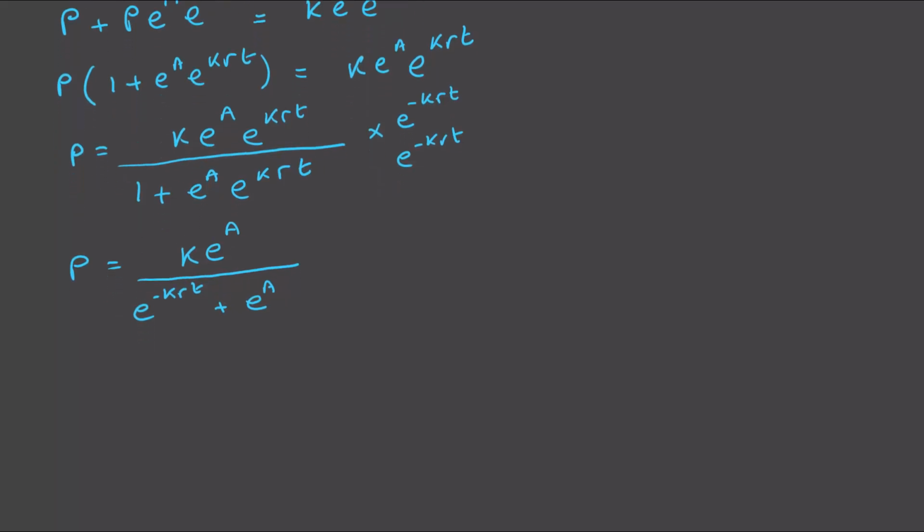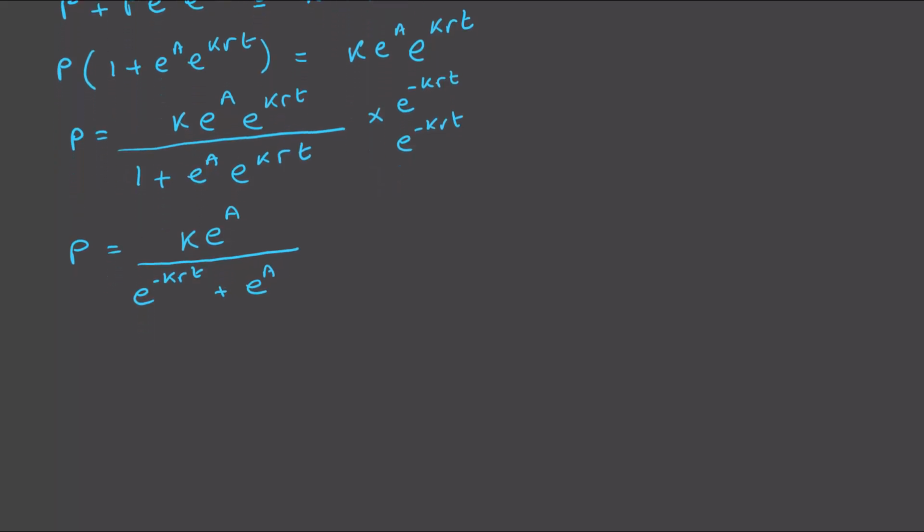Now let's take into account the e to the a. We said that was p naught over k − p naught, and that's over e to the negative krt plus p naught over k − p naught.